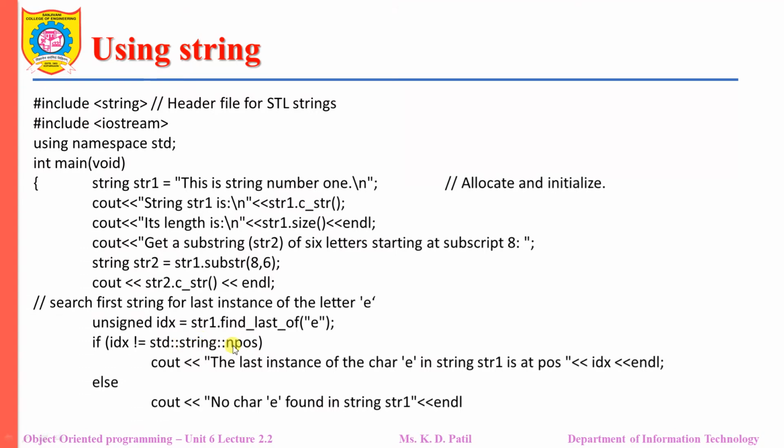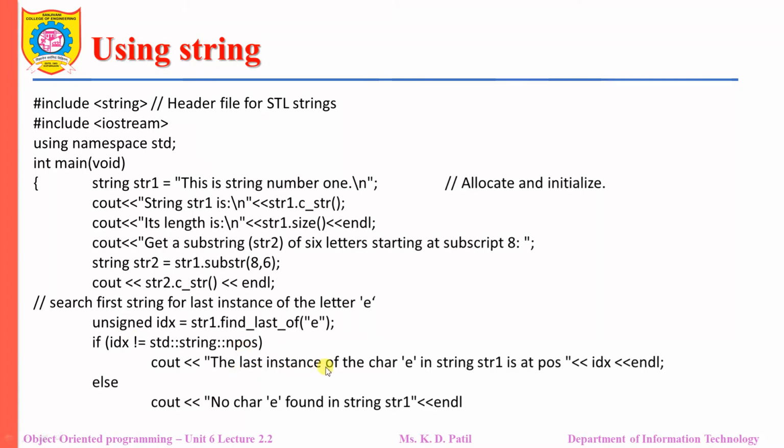If it is equal, then of course I can say that the character E is not available in string 1. But if the condition is false, and here I have used not equal to, so the condition is true, then of course I will get the position.